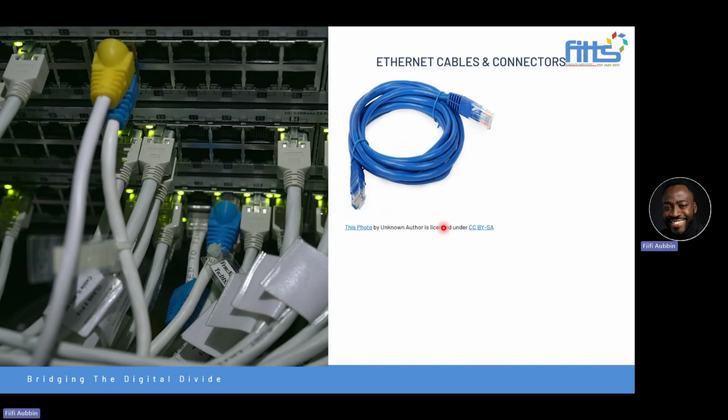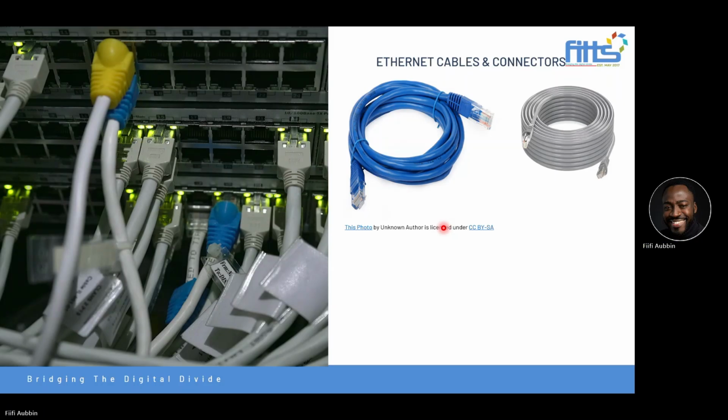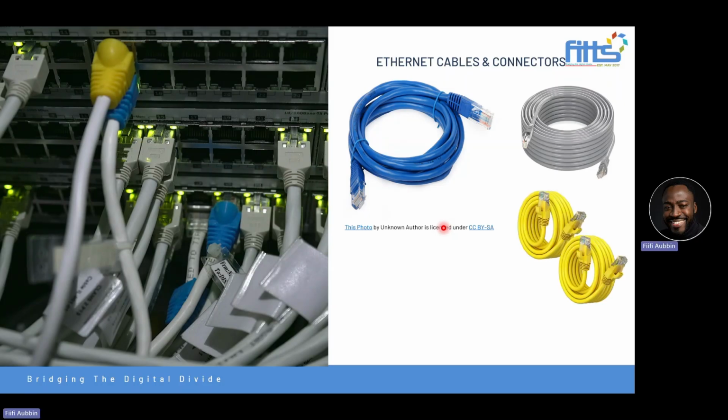And it's usually blue, gray, or yellow, and it has connectors at both ends, as you can see with these cables on your screen, which is what we call the RJ45 connector.